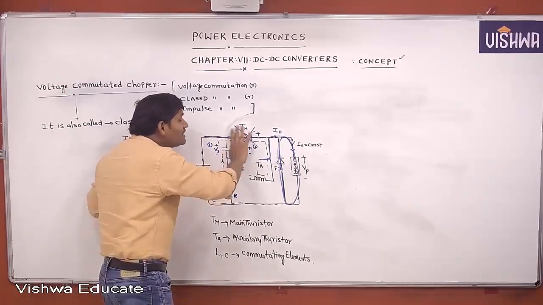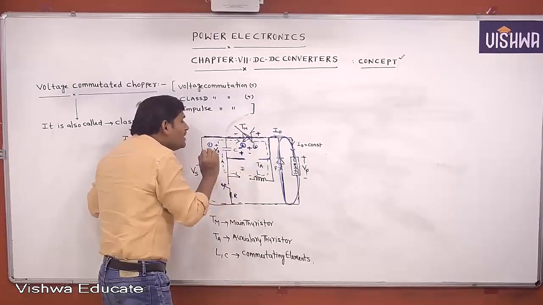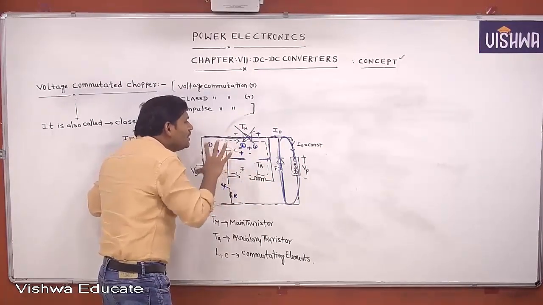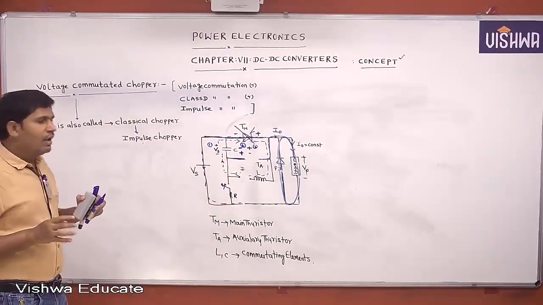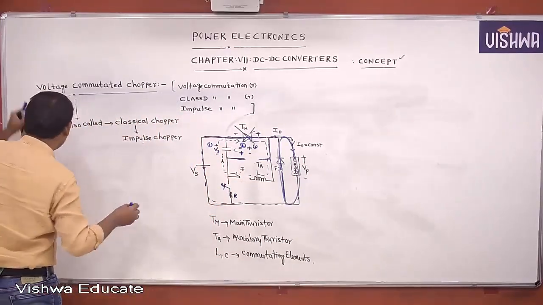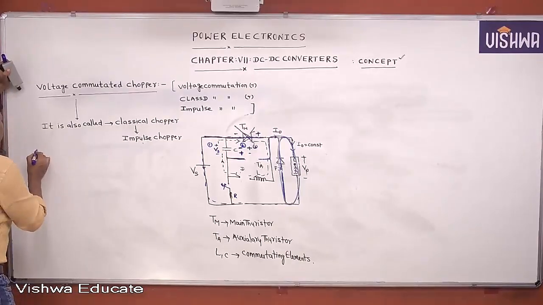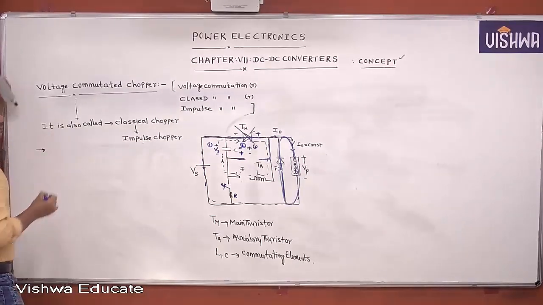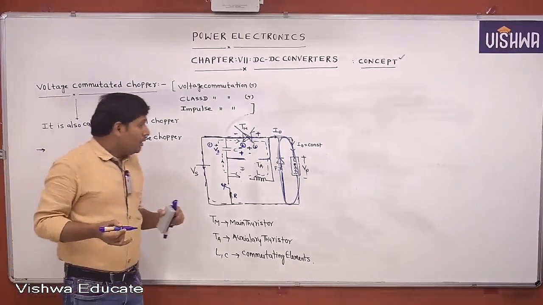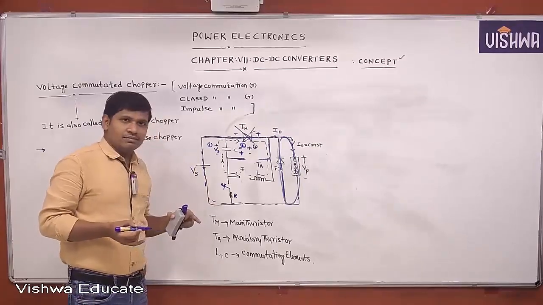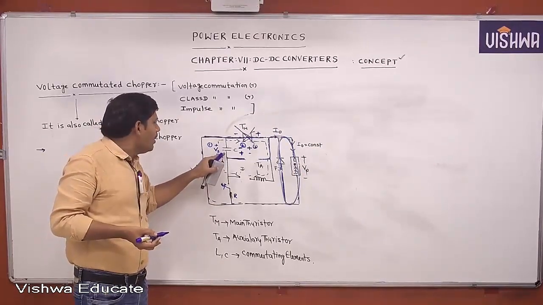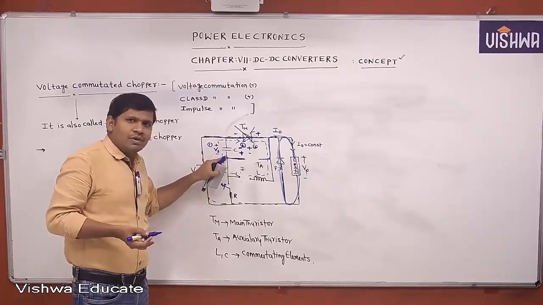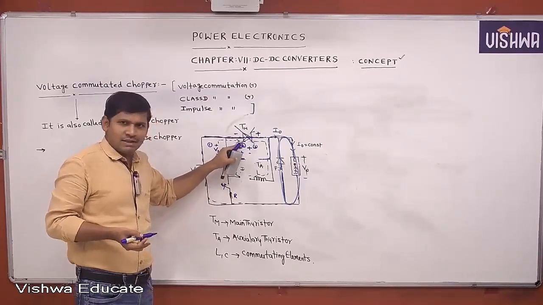But from this circuit, based on the operation, I want to list out some points that are very important from the commutation point of view. Listen please, one minute. Every point is important. That means in this commutation, the thyristor is turned off because of the reverse voltage of the capacitor.